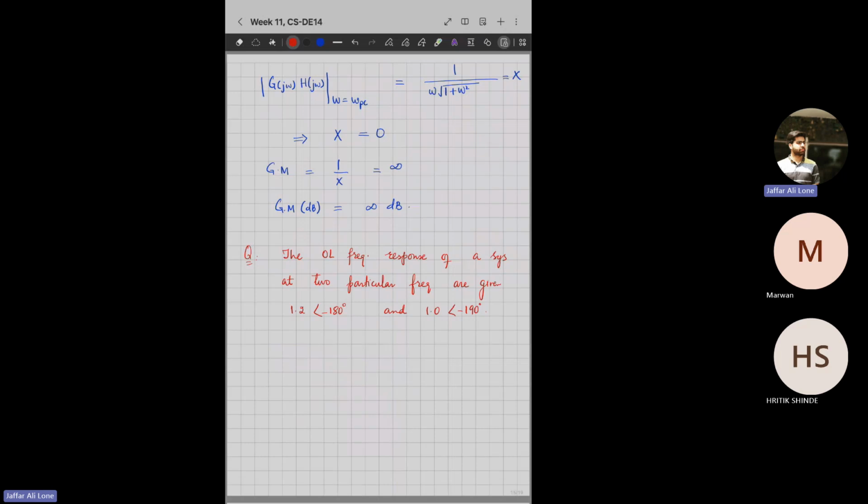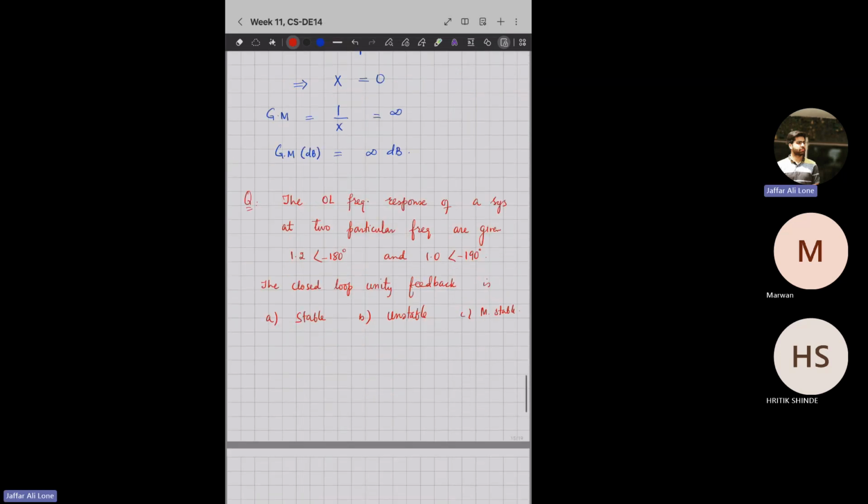You have to find whether the closed loop unity feedback system is option A stable, option B unstable, option C marginally stable.